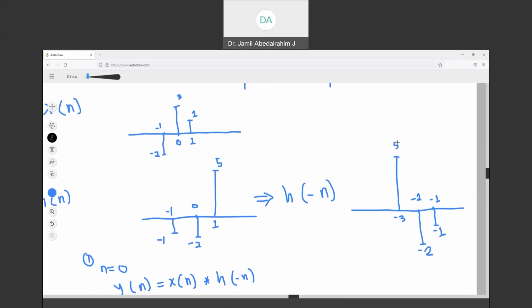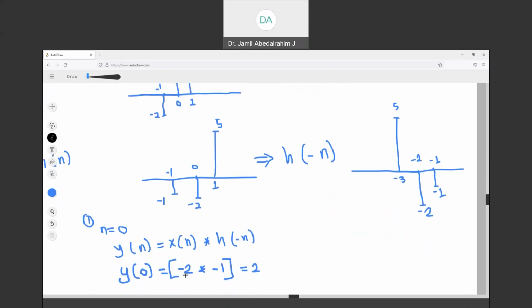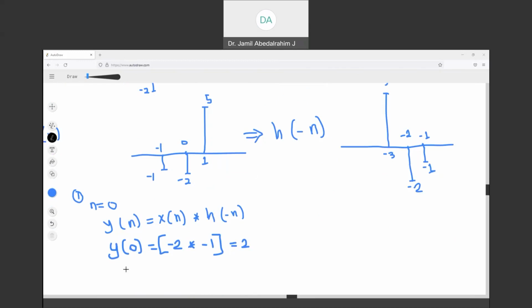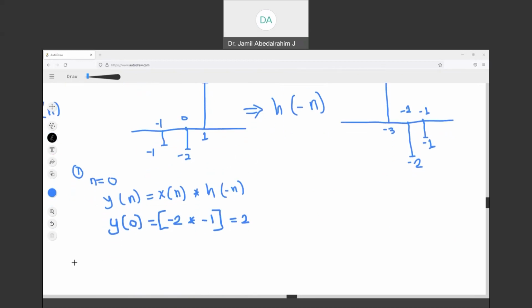So only at the similar location do we multiply their values. Negative 2 multiplied by negative 1, we get 2. Okay, so here the next step, when n equals 1.